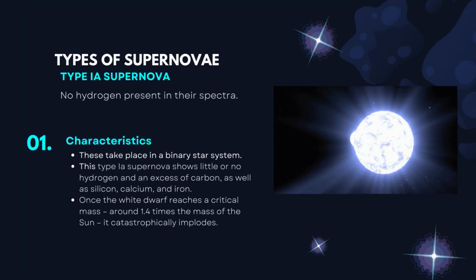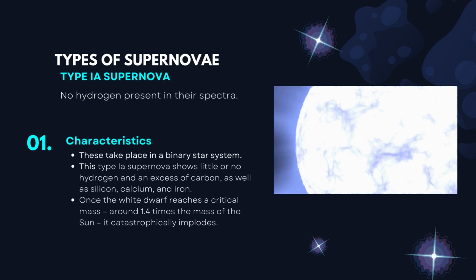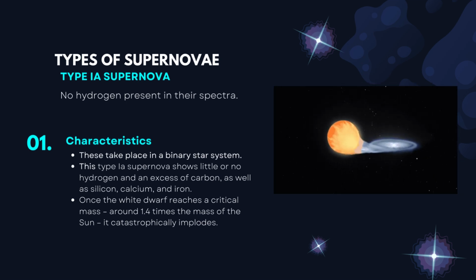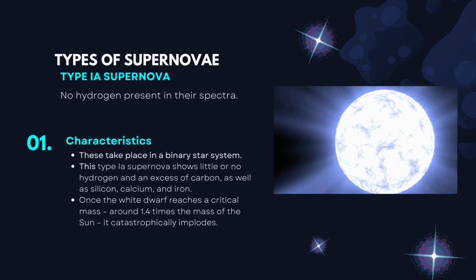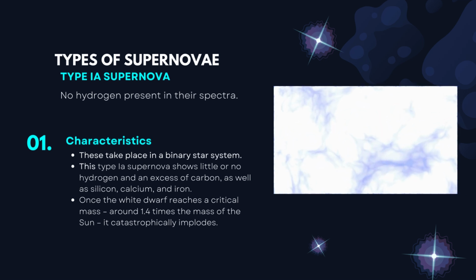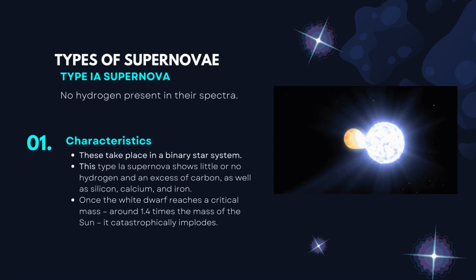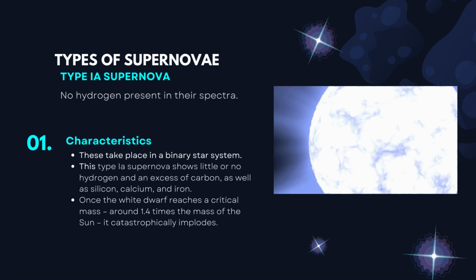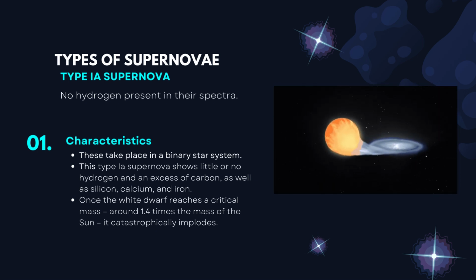Type Ia supernovae are characterized by the absence of hydrogen in their spectra. These events occur in binary star systems, where a white dwarf star accretes material from its companion.